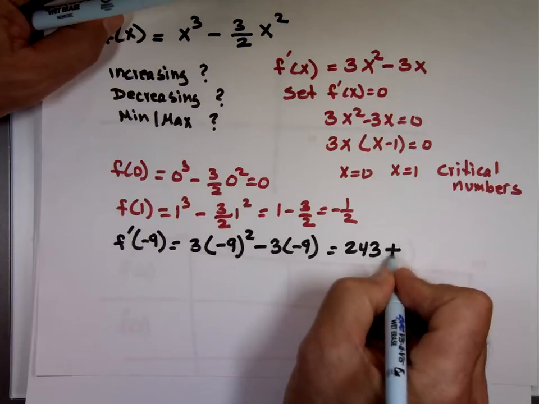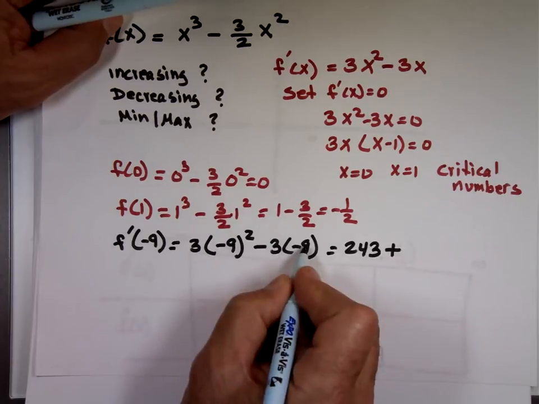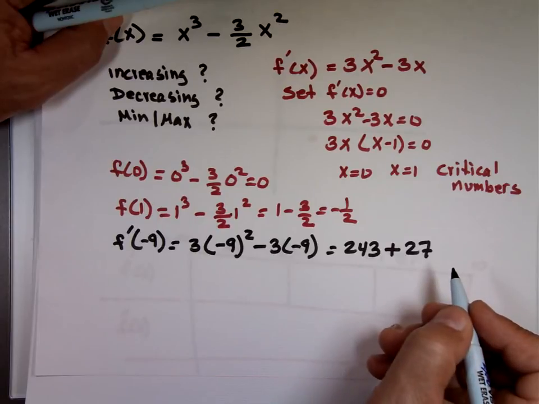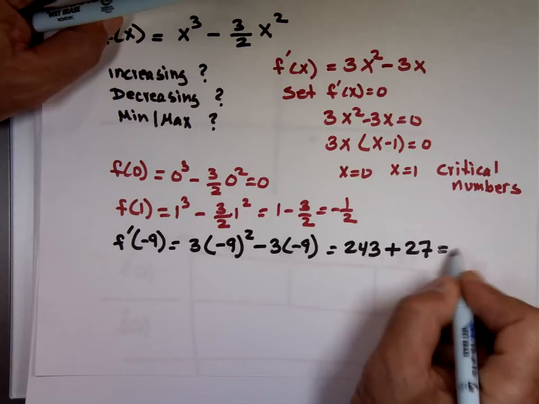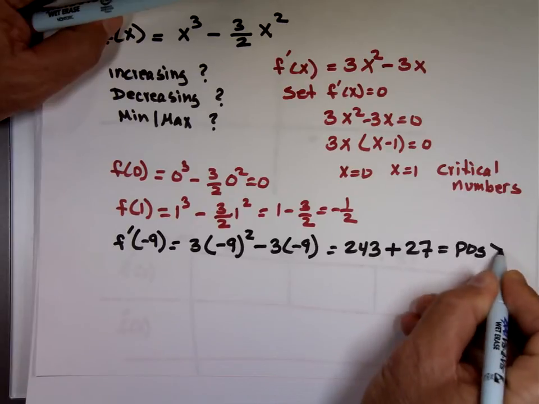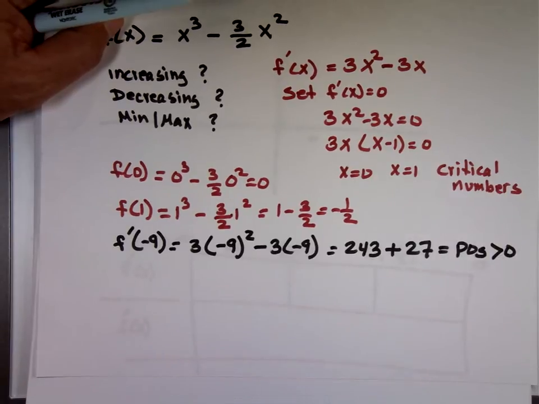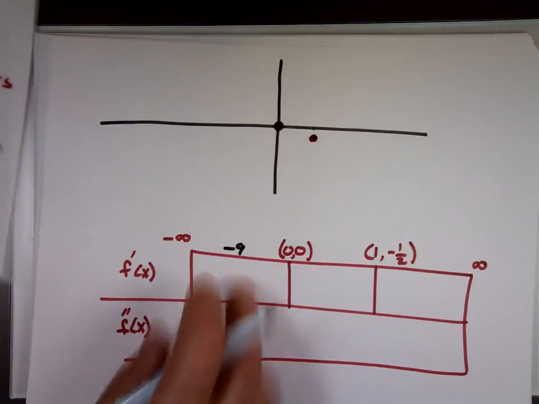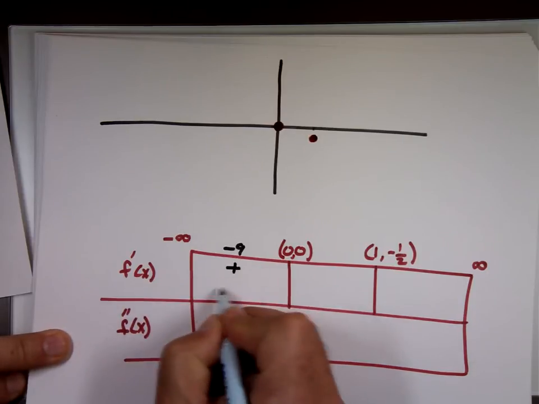Plus 3 times 9, 27. I couldn't care less what the answer is. Is the answer positive or negative? Positive. If it's positive, that's greater than 0. What does that mean? Increasing. Right? In this segment, the answer is positive, so it is increasing on my graph.